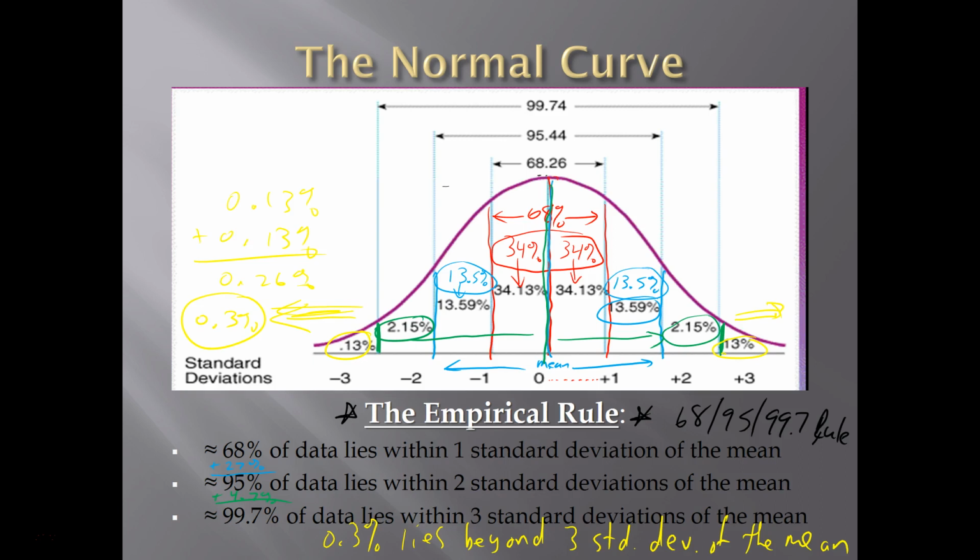So maybe it's shoe sizes, right? Or maybe it's dress sizes, or hat sizes, if you're talking clothes. But there's all kinds of examples of how this can be used. All right, so that's what the normal curve looks like.